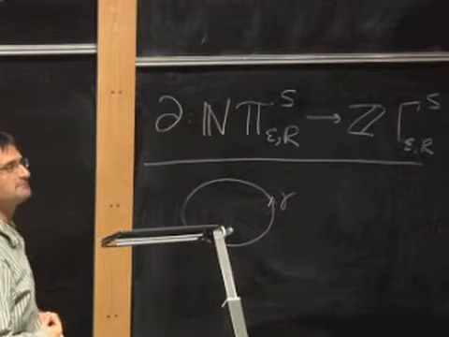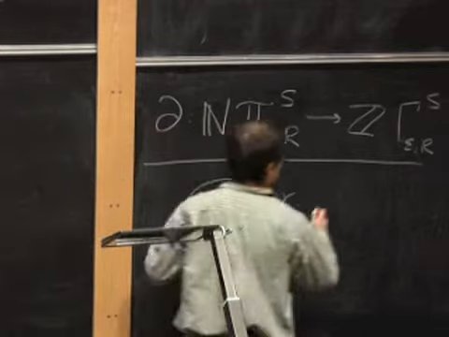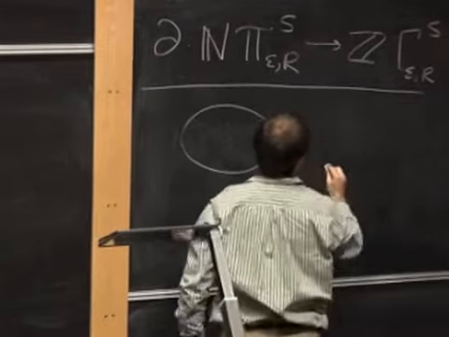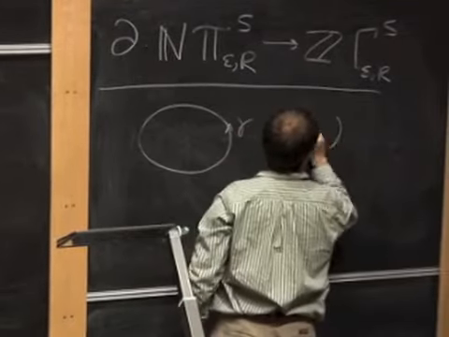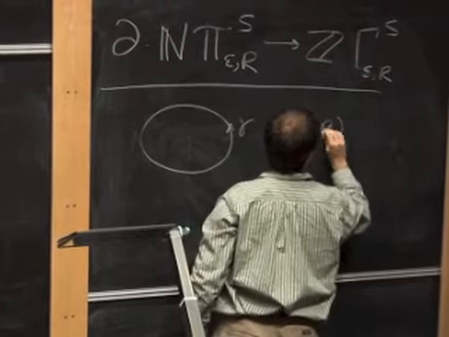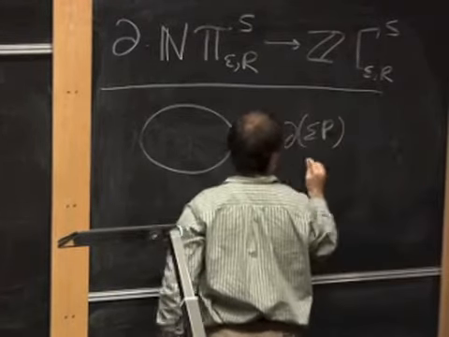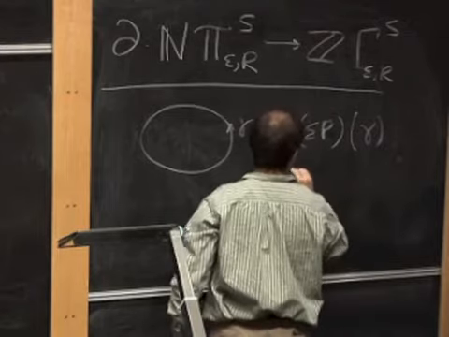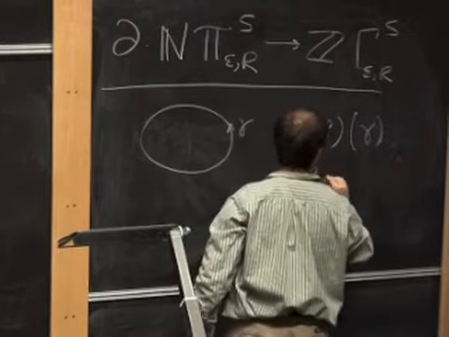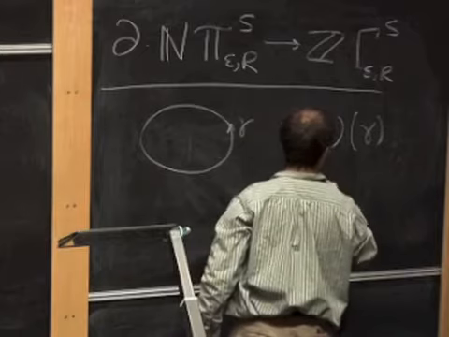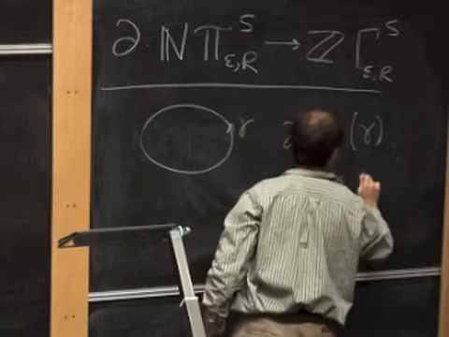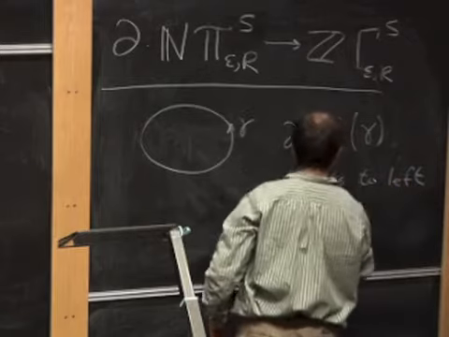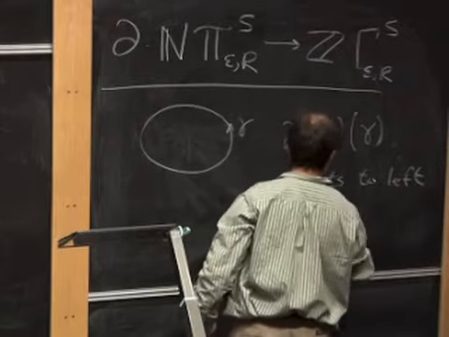So this boundary of the sum of pants, restricted to gamma, is equal to the number of pants to the left minus the number of pants to the right.